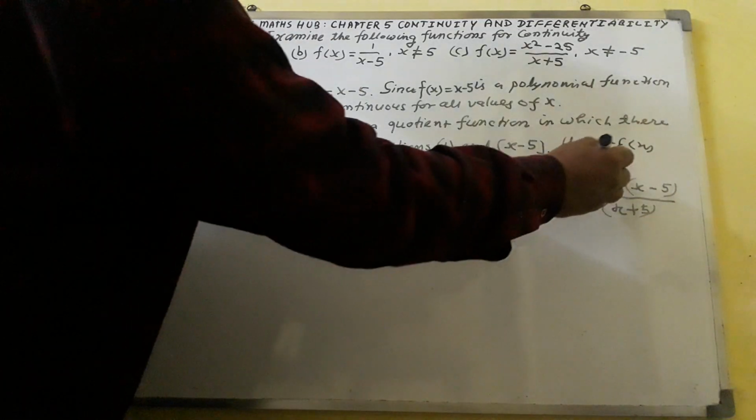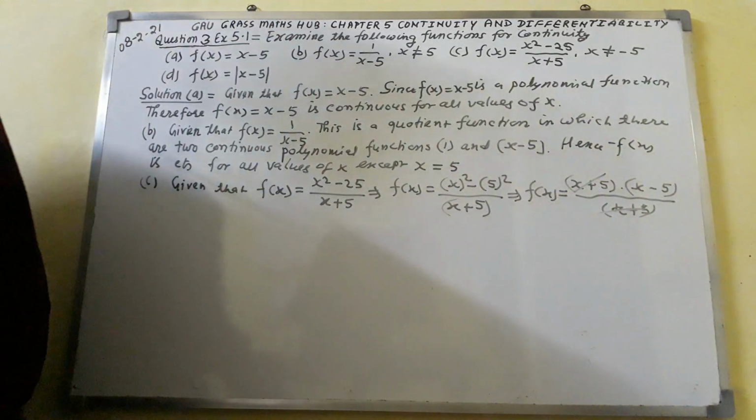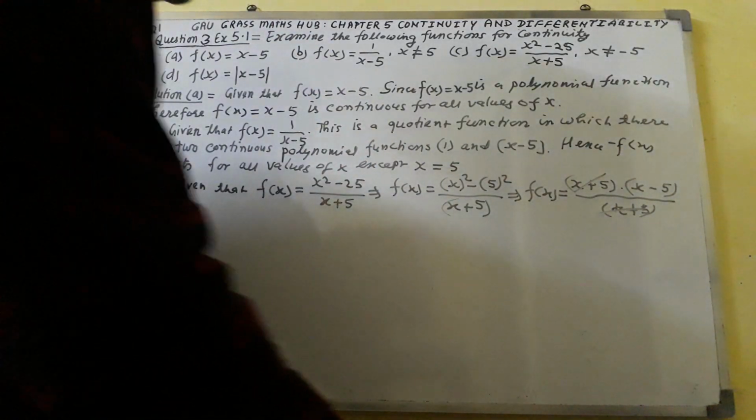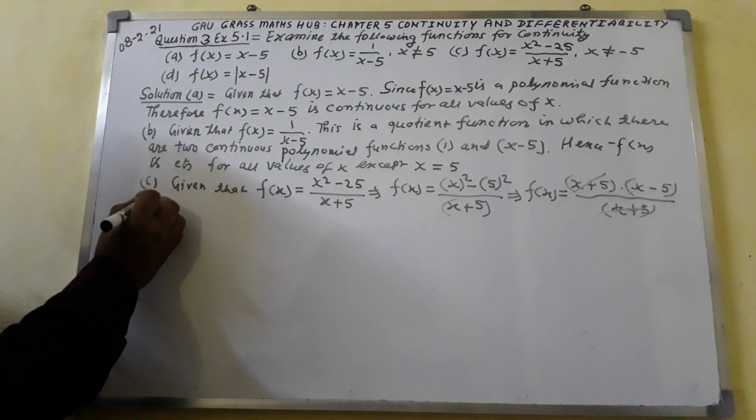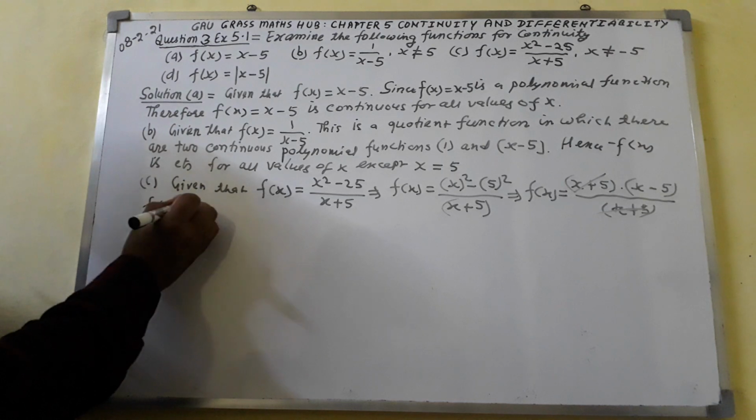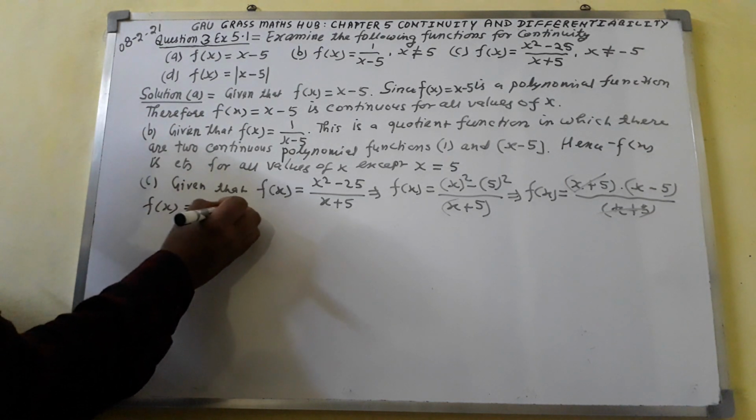Here in the numerator and denominator x plus 5 will be cancelled out. You will get f of x equal to x minus 5.